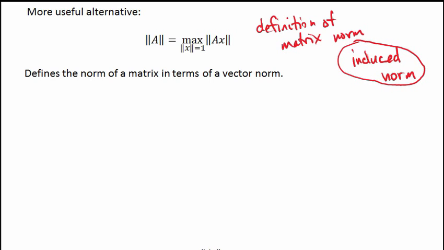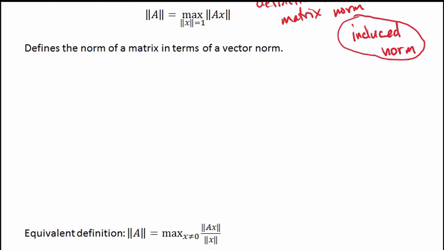You see, X and AX are both vectors, so if you have a vector norm, then that defines a matrix norm. So that means we can talk about the 2 norm of a matrix, the 1 norm of a matrix, and the infinity norm of a matrix.